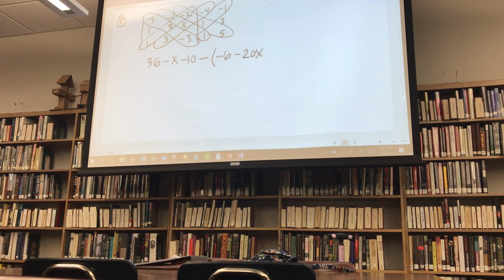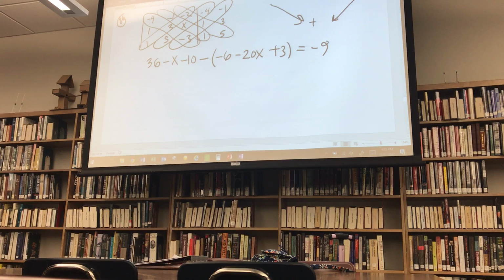And 3 times 1 times negative 1 is plus 3. And what does all that equal? Negative 9. Okay? And then you would just distribute and solve. Okay? So to be able to do the determinants, you would want to do this direction as keeping the sign, and this direction as changing the sign. Okay?